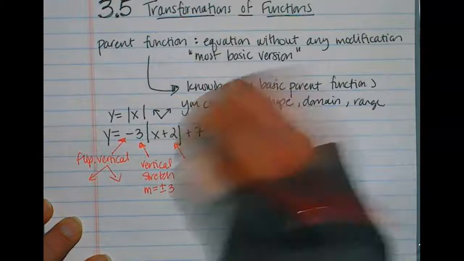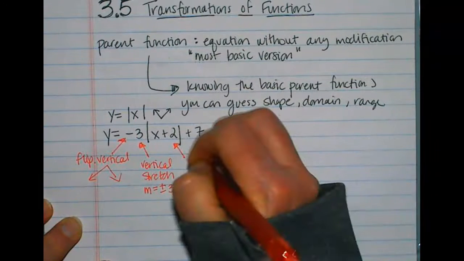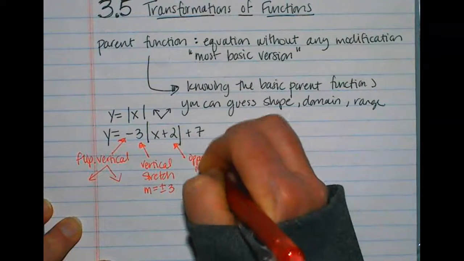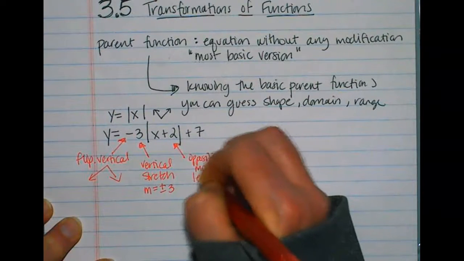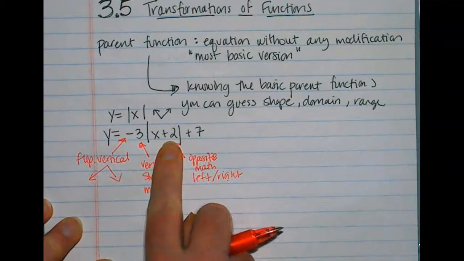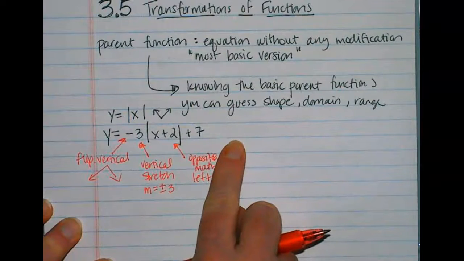Inside the absolute value bar, so inside the parentheses with x, this is opposite math. And it moves in the x direction, so left or right. This is opposite math. It says +2, which we think of +2 as moving this way, but it's opposite math.